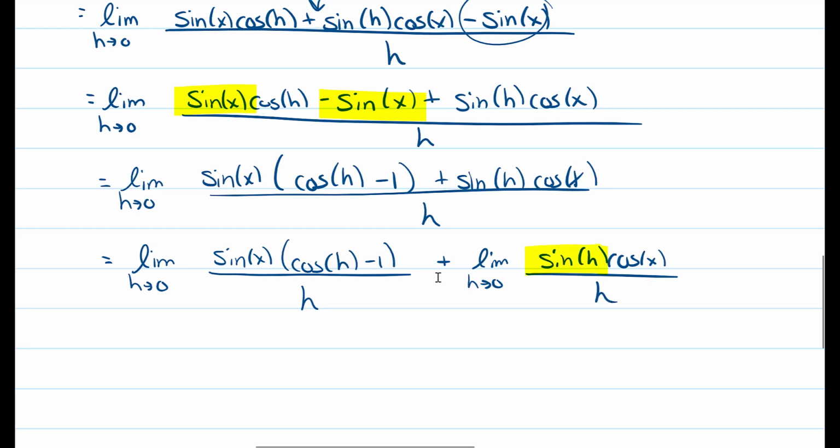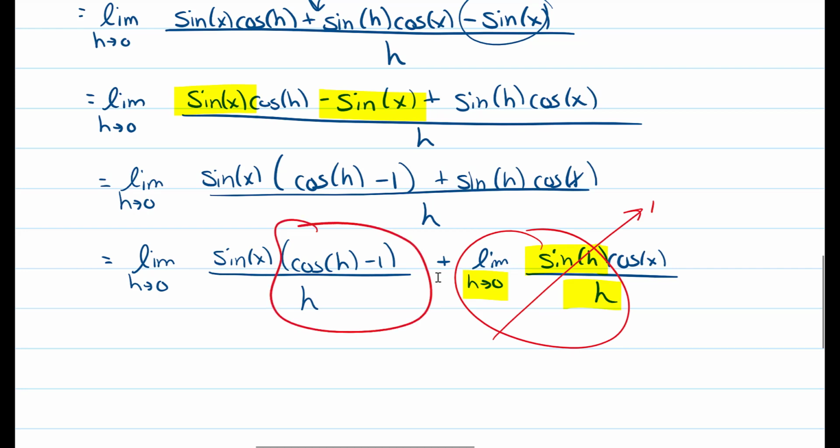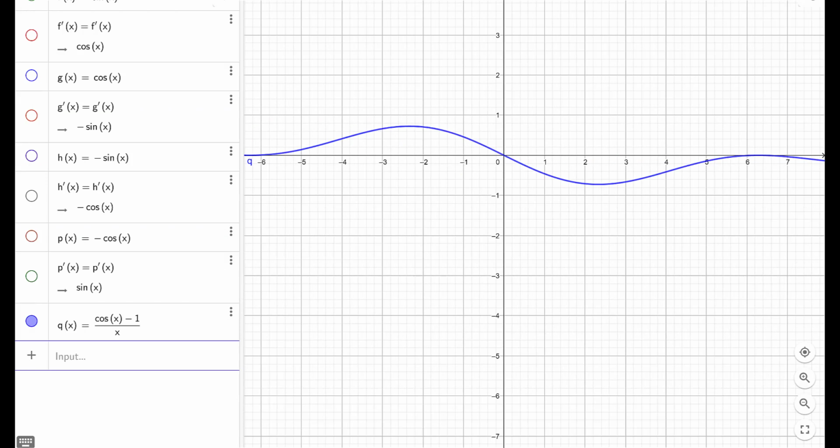Now recall that if you have sine of h over h, as h goes to 0, then this whole piece is going to go to 1. And then this piece here, as h approaches 0, goes to 0. And we'll look at a graph to see how that works. So this is the graph of cosine x minus 1 over x.